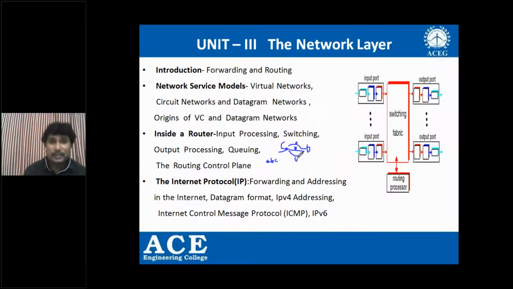So what is the advantage here? The amount of time it takes for transmission will be less compared to the previous 2 networks. And the second important thing is if one of the paths got congestion or the network got broken down, we have alternate paths through which the data can be transmitted. So this is an advantage of having datagram networks.